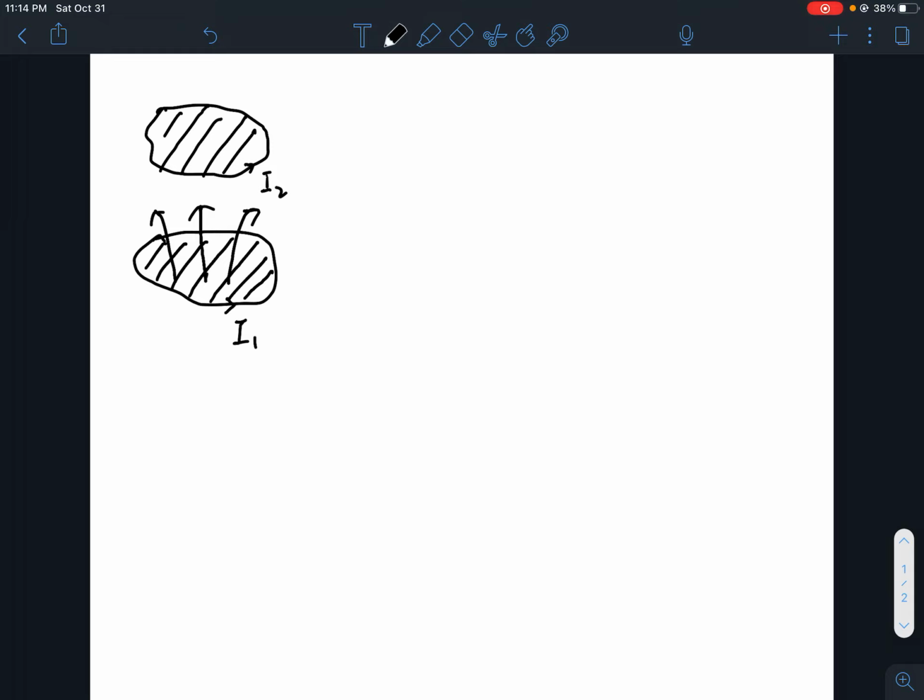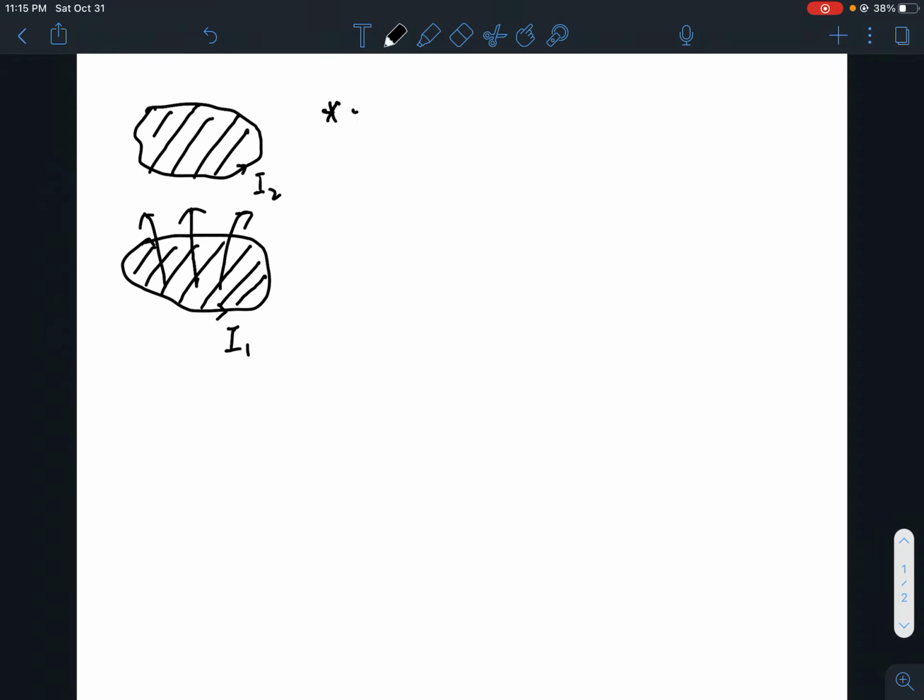For this reason, it is also called a back EMF. So we can think about the work done against this back EMF when turning on a current, and we will regard it as energy stored in the magnetic field.